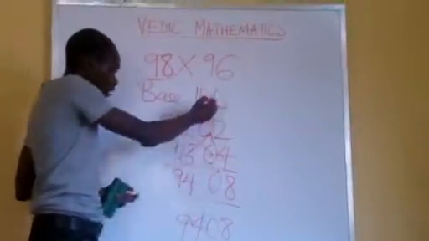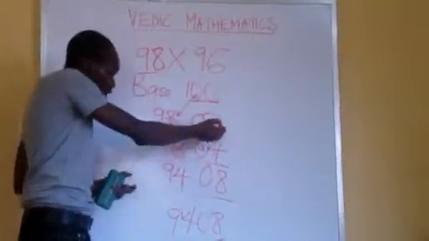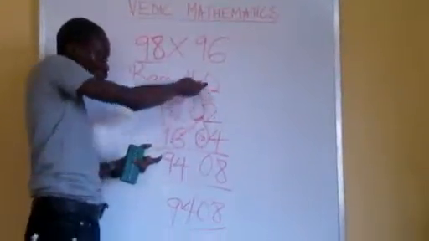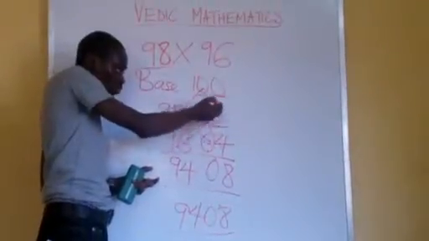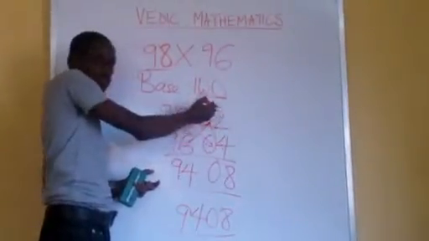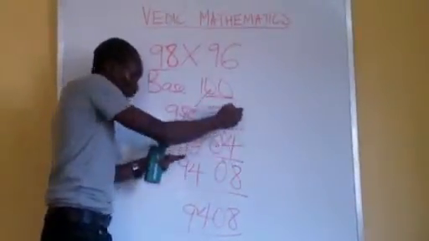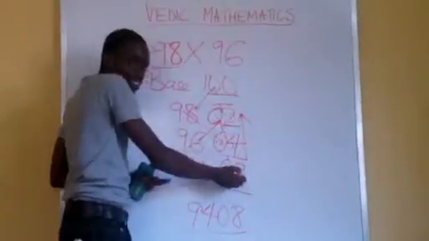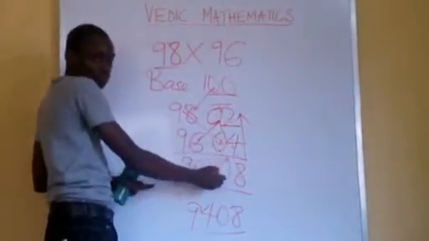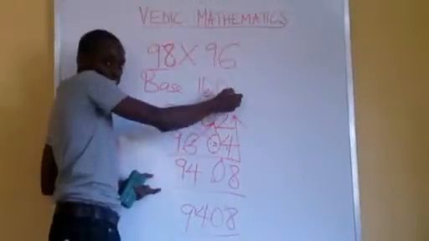Because 100 has 2 zeros, you're going to create 2 digits on your right hand side. So since 2 is just a single digit, you add a 0 in front of the 2. You also add a 0 in front of the 4. Now you multiply the 4 and the 2 together. 4 times 2 is 8. You attach a 0 to maintain the two digits that you have in 100.